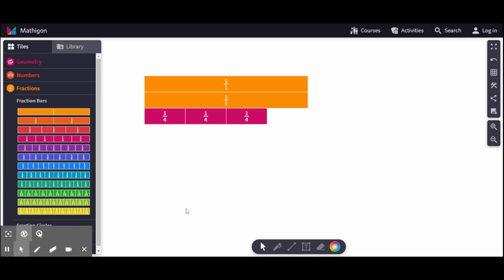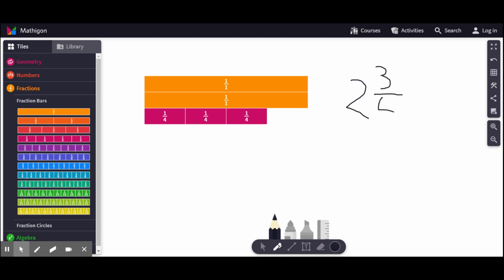All right, I'm back. I've got a new mixed number here for us to use as an example. Can you tell me what mixed number I am showing you? You can see we have 2 wholes this time, and we have 3/4 pieces. So the mixed number is 2 and 3/4, and we are going to rename this.